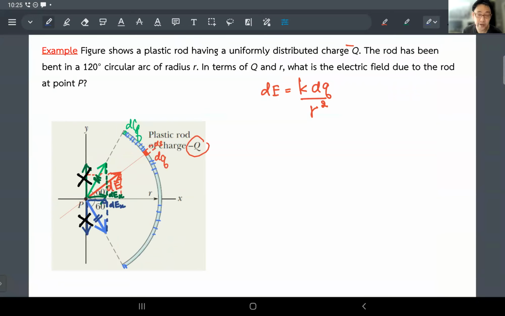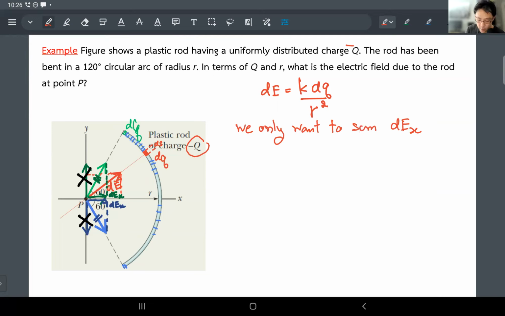Completely symmetric, equal amount on up and down components. So that means we only want to add or to sum the electric field DE that is pointing along the X components. Okay, all right, but that's not done yet.